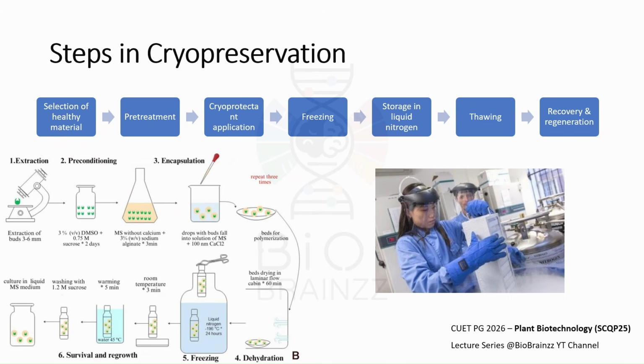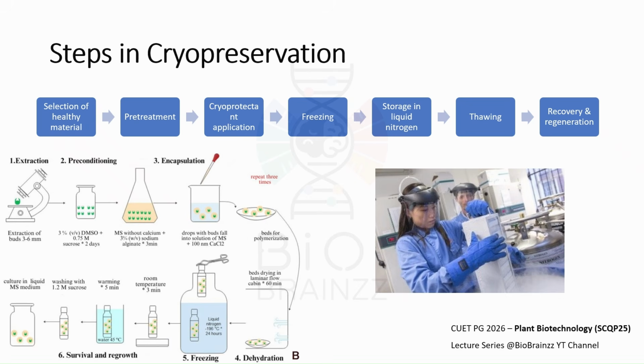Steps in cryopreservation. The procedure of cryopreservation involves several sequential steps which you should memorize carefully for CUET-PG. First, healthy and actively growing material is selected. Then, pre-treatment is given, often involving osmotic dehydration or cold acclimatization.